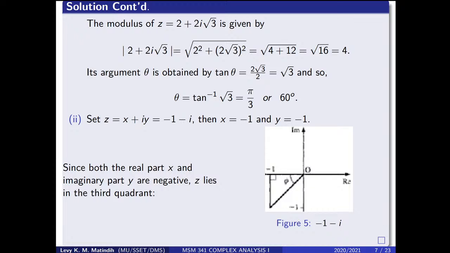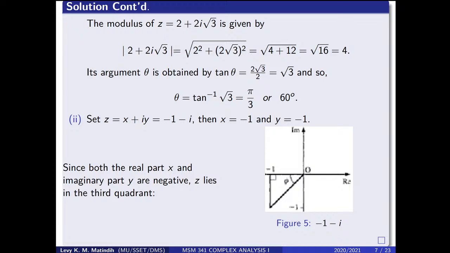Now, if we also go to part number 2, the complex number itself is -1 minus i. This means if we let this be equal to z, which is equal to x plus iy, then the real part x is equal to -1, and the imaginary part y is also equal to -1.